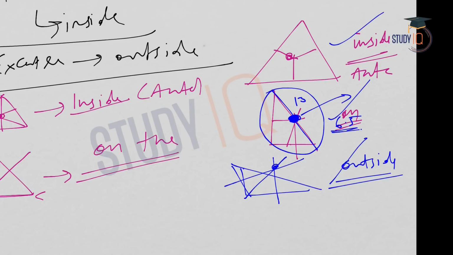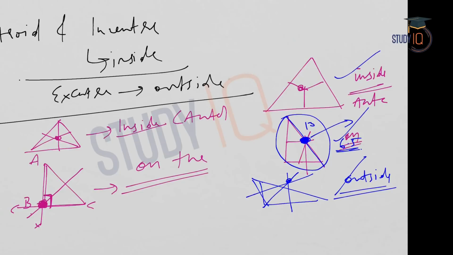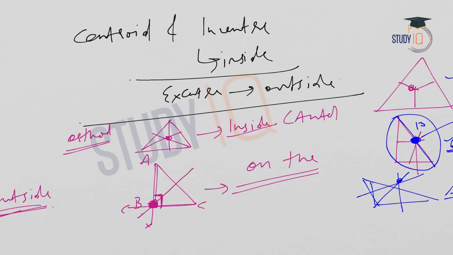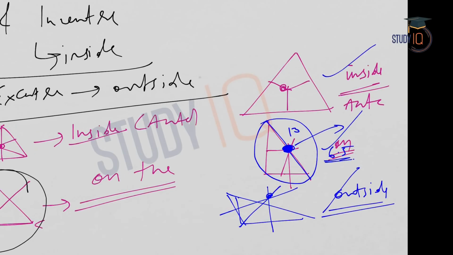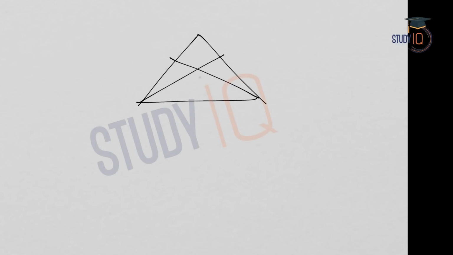Similar to the orthocenter. But a very important point that you need to note down here is, observe here this right angle. The orthocenter in case of a right angle triangle is at the right angle. The circumcenter in case of a right angle triangle is the midpoint of the hypotenuse. Those are the two important points that you need to note down. The second important point that I need to tell you is, in case of an equilateral triangle, you join all these things.